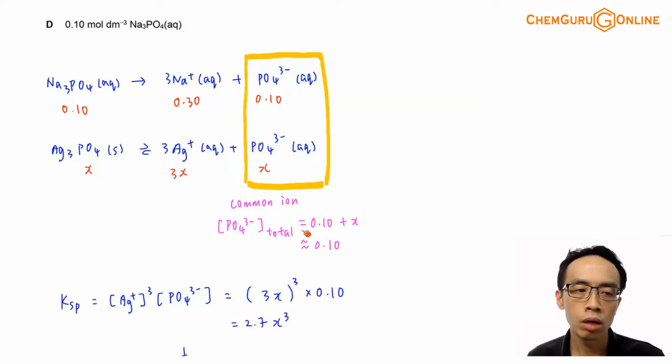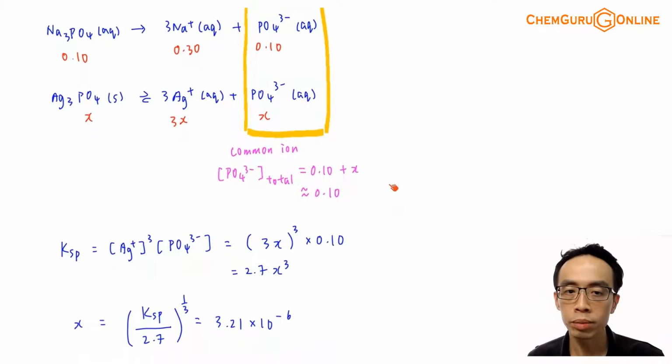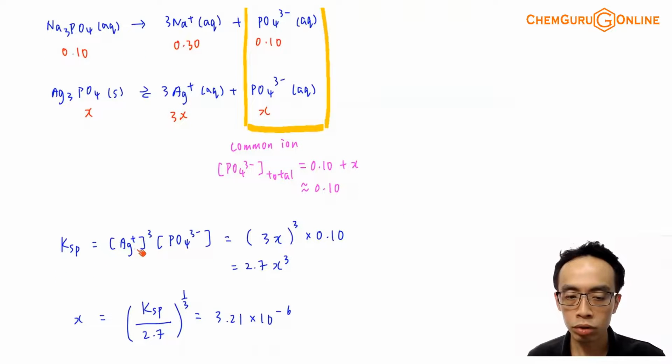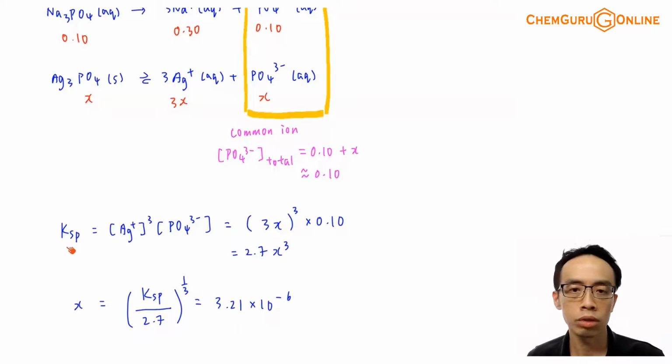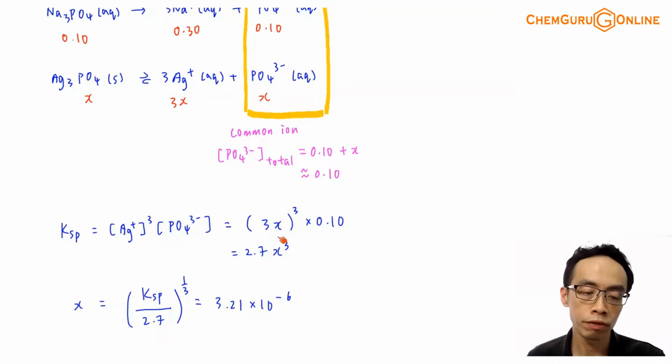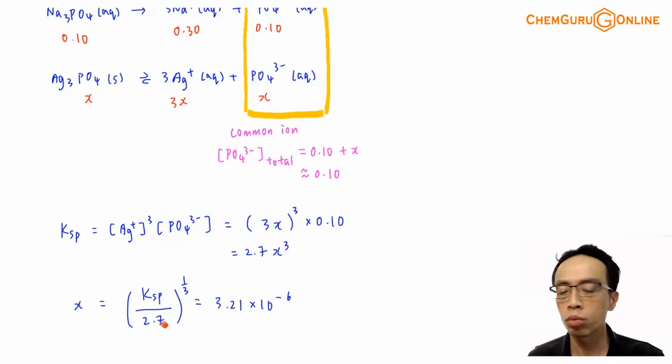We will take it that all the PO4 3- will come from your sodium salt that is fully soluble. Then we can sub this into my Ksp term. The Ag+ concentration will still be 3x. PO4 3- concentration will now be 0.1. So my Ksp expression will be written as 2.7x to the power 3. And therefore I can rearrange and solve for x. x is Ksp divided by 2.7, cube root, which will give me this value 3.21 times 10 to the power of minus 6.